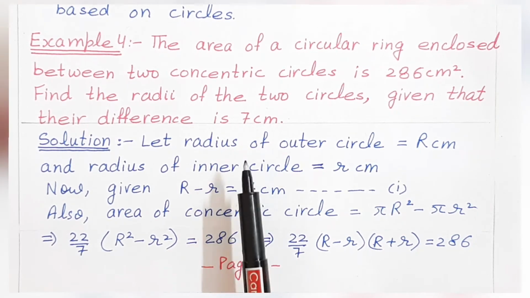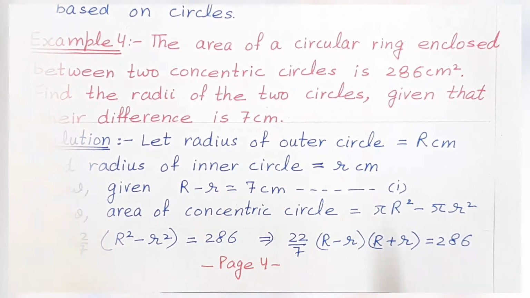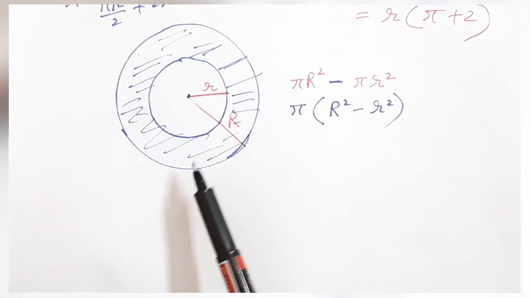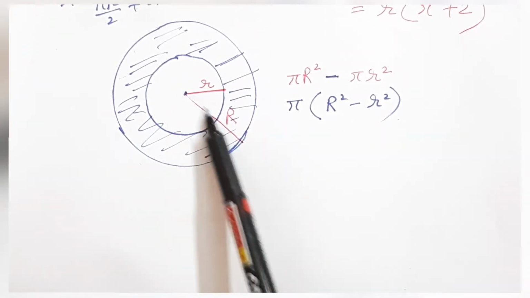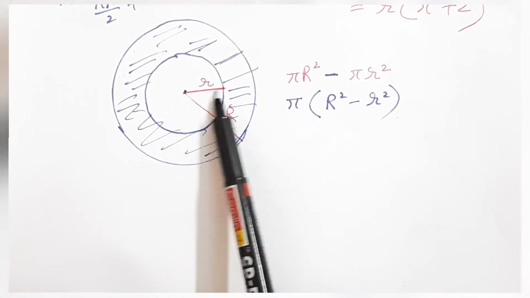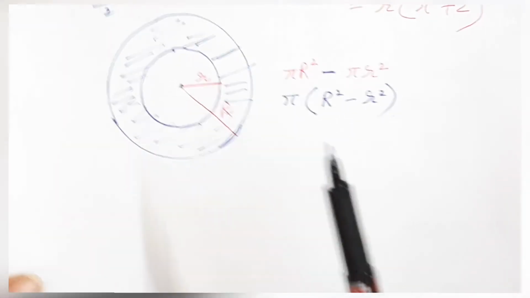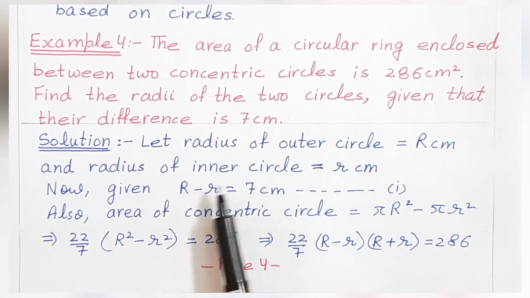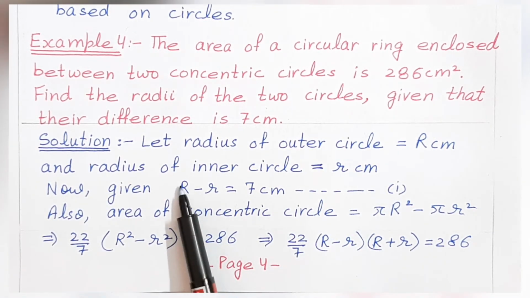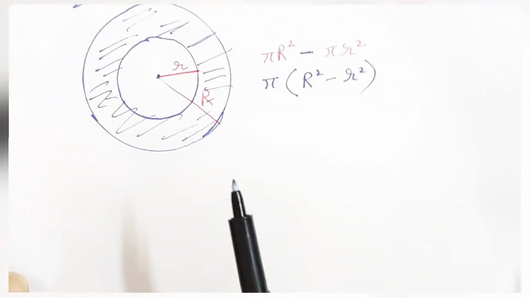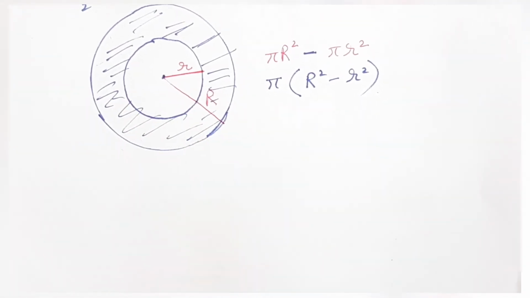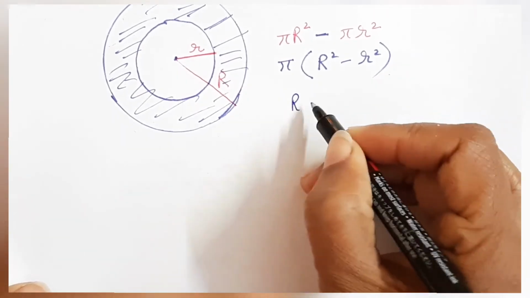Now this is almost the same as what we have just discussed. There are two radii, the outer radius and the inner radius, right? Let the two radii be capital R and small r. The difference between the two radii is 7 centimeter, given.